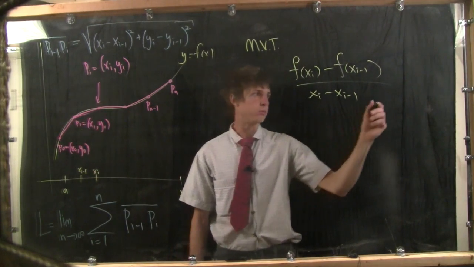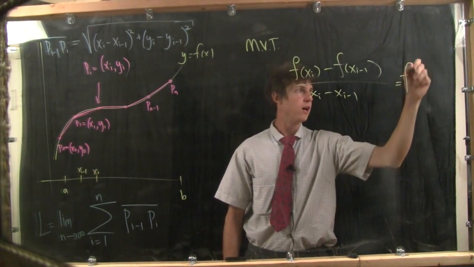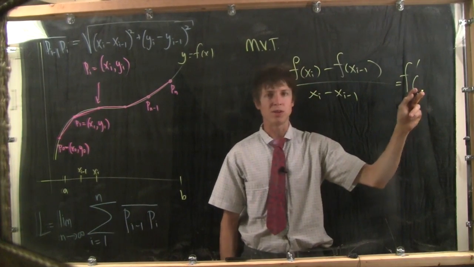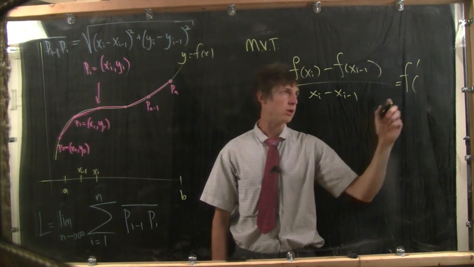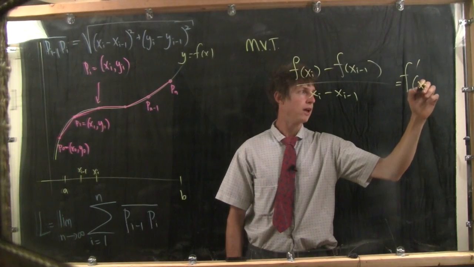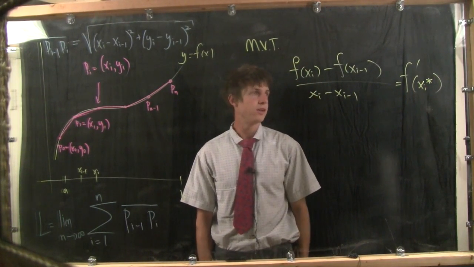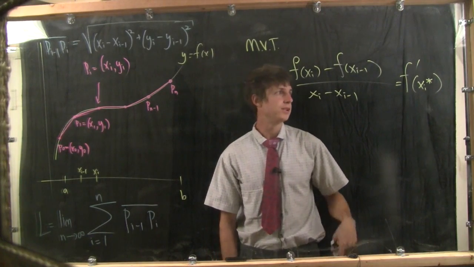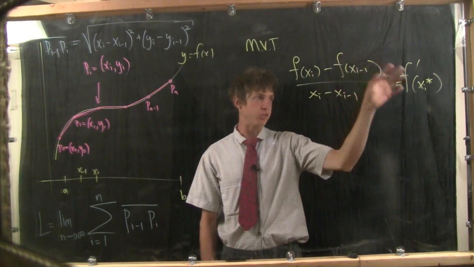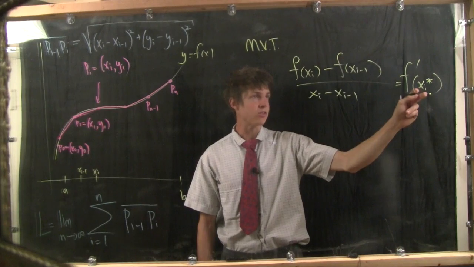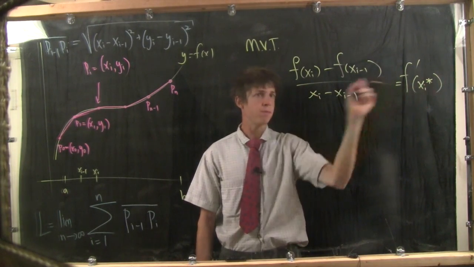Well, the mean value theorem says that this equals f prime of some special point c, maybe I'll call it xi star, just because. So that's what the mean value theorem says. It says that there is a point xi star that makes this true.